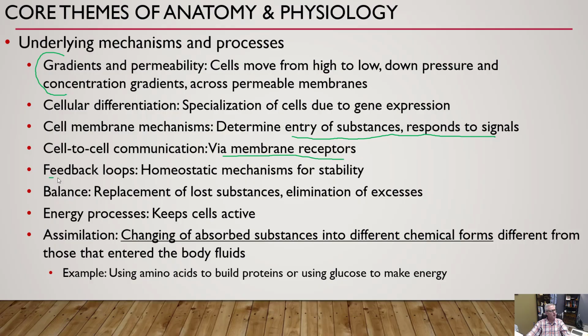We'll also talk about feedback loops. We have negative feedback loops and positive feedback loops that we'll talk about this chapter. And again, everything goes back to homeostasis. We want our body to be stable, and the way we do that is through these things called feedback loops. We want our body to be in balance.